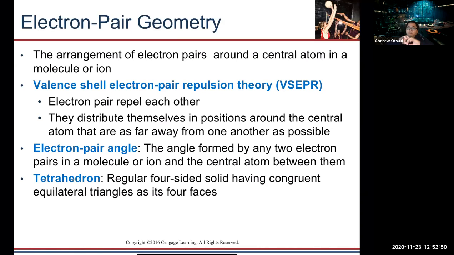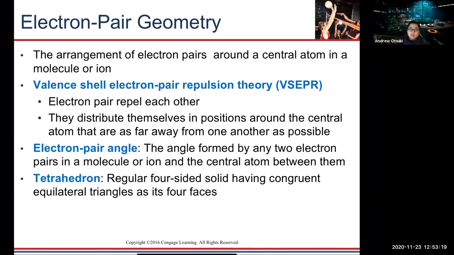They tend to want to be as far away as possible, and that is represented by the electron pair angle. The electron pair angle is the angle between any two electron groups. It could be bonding electrons or lone pairs, any two electron pairs around the atoms.